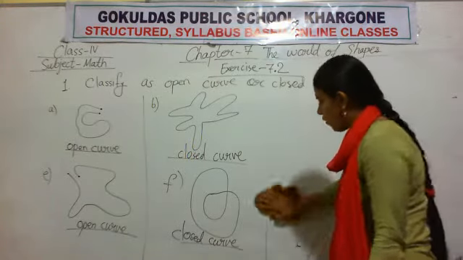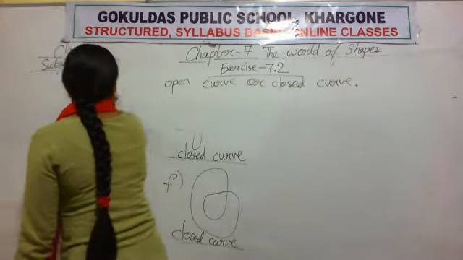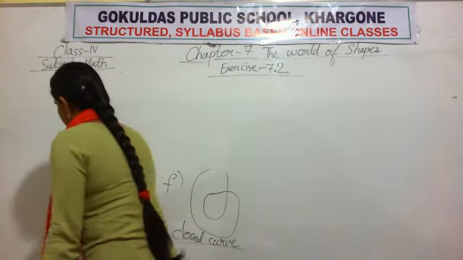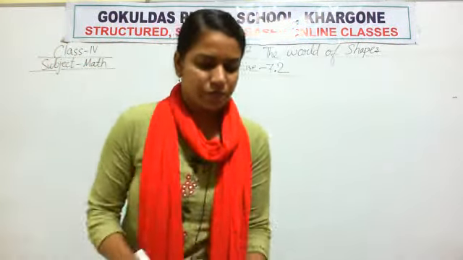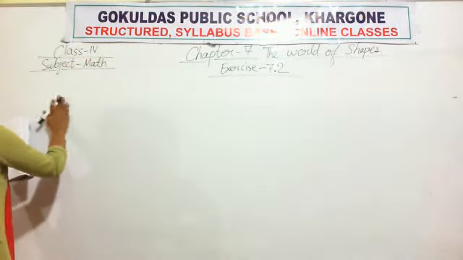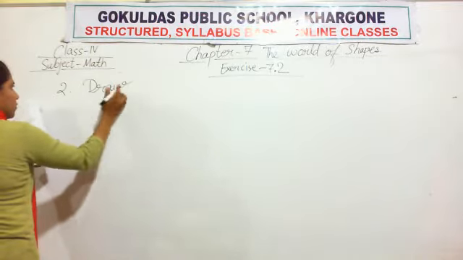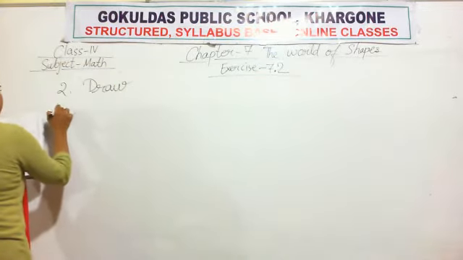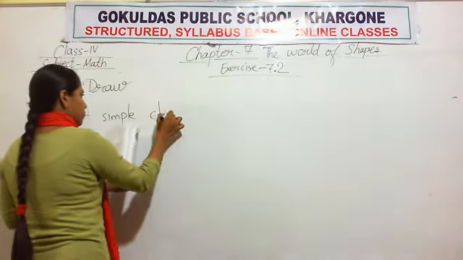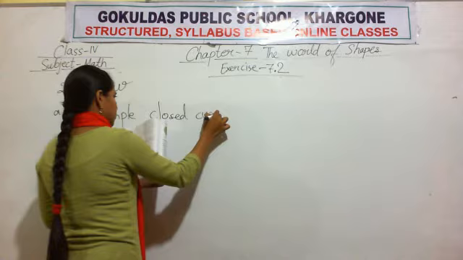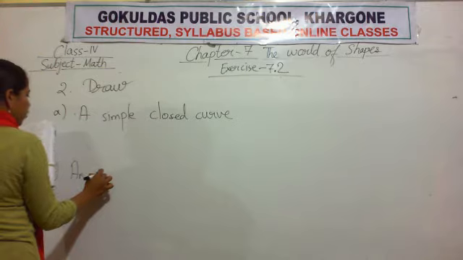Question number 2 is: draw part A, a simple closed curve, and part B, an open curve.